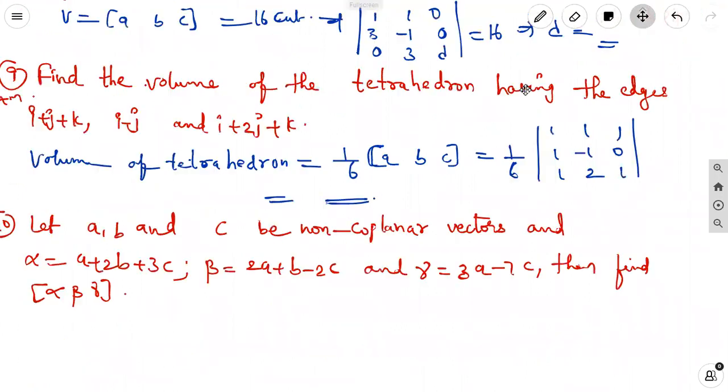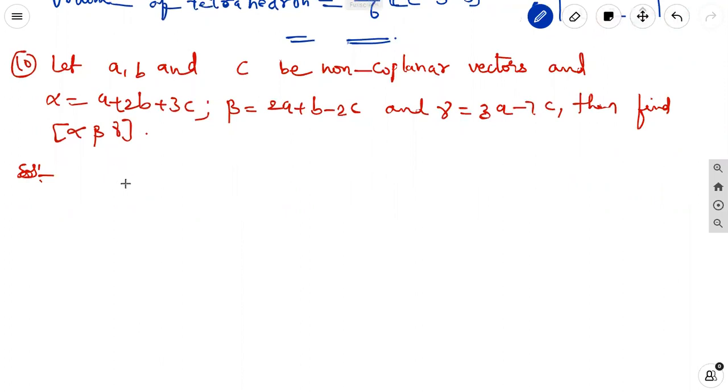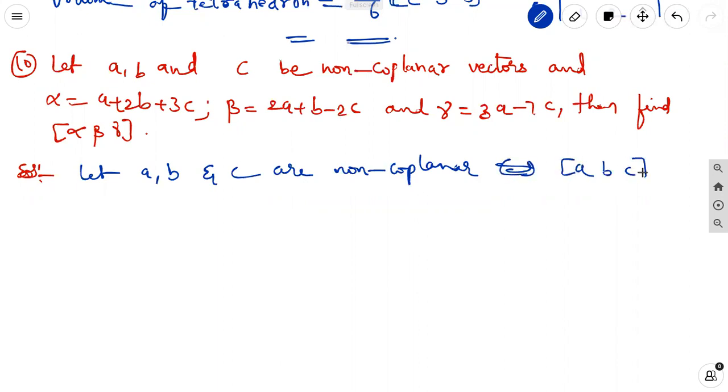Next, the 10th one. Let a, b, c be non-coplanar, which means its volume is not equal to 0. That we have as the relation.